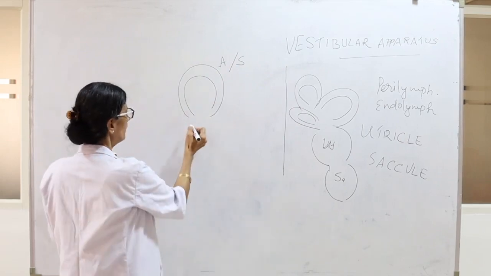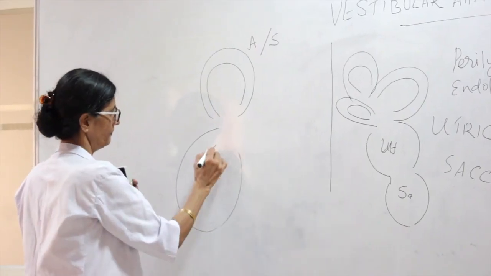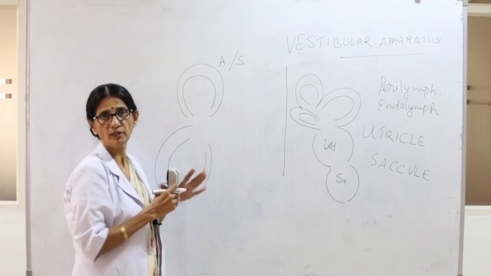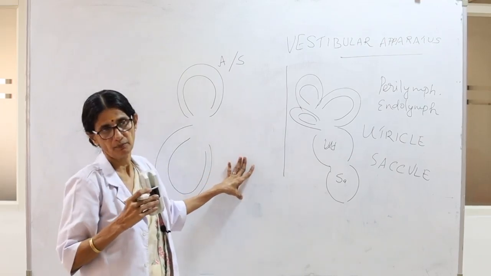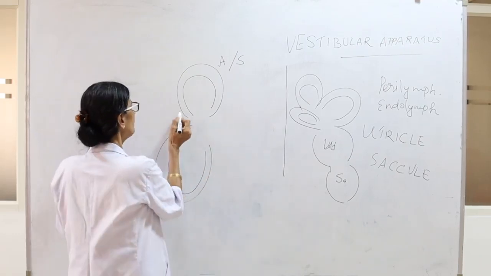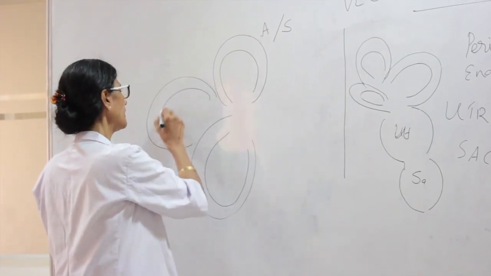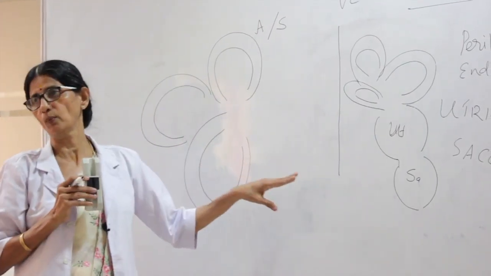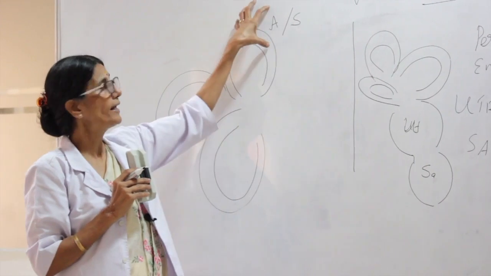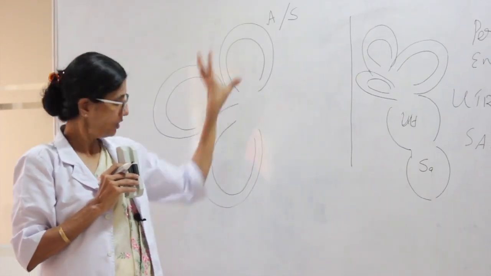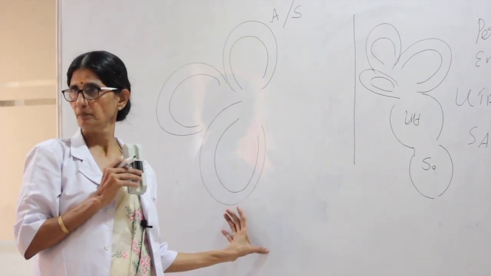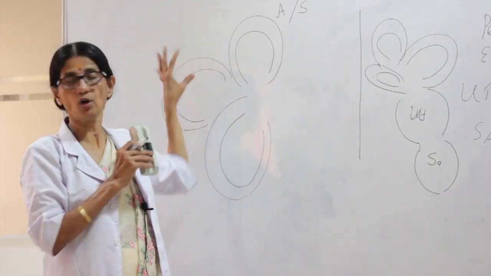Then we have the posterior one, otherwise called the inferior one. And we have another canal called the lateral one, or otherwise the horizontal one. So we have the anterior or superior, posterior or inferior, and the lateral or horizontal.